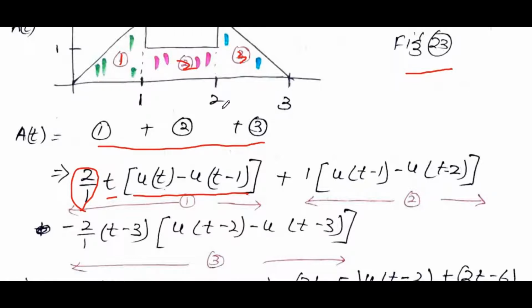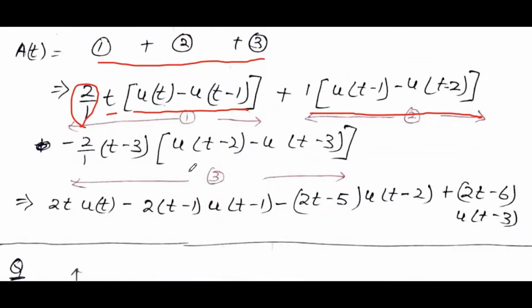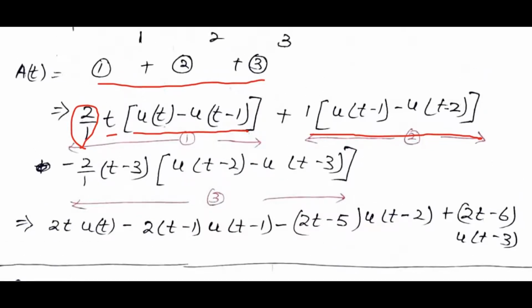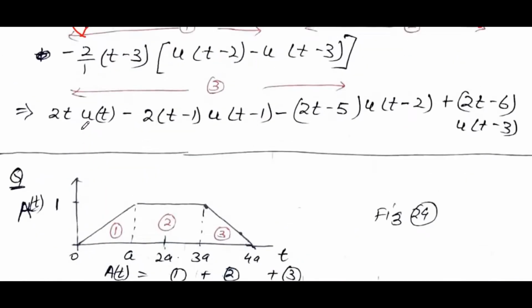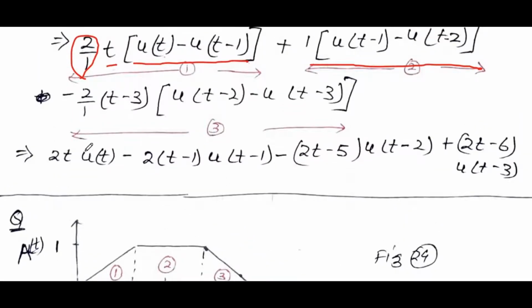Second part is a gate function with a magnitude 1. So 1 times u of t minus 1 minus u of t minus 2 will be the expression for second part. In third part, this is a decreasing slope, so its slope will be minus 2 upon 1.